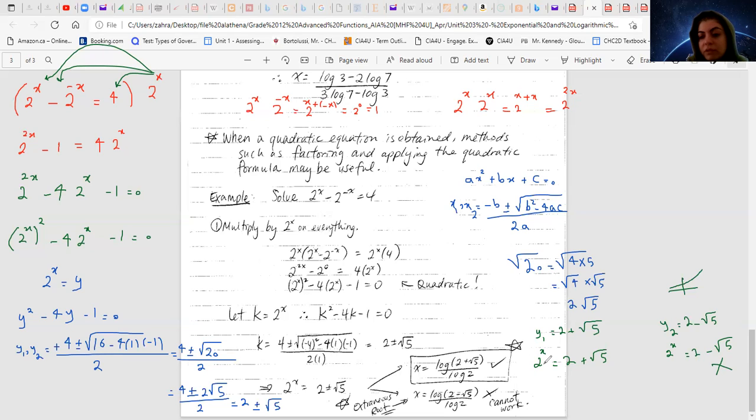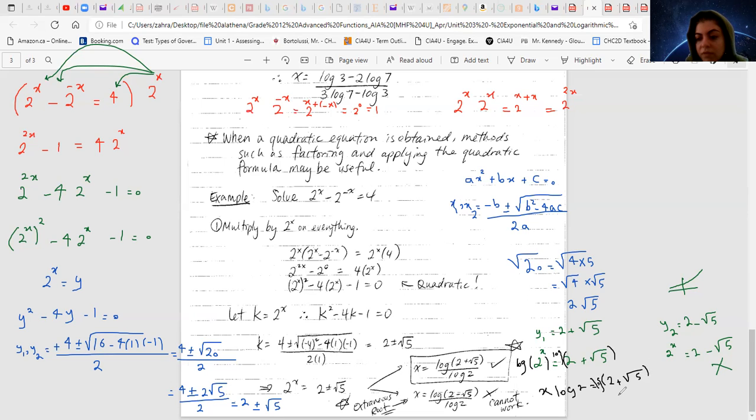How? You just put the log in front of both sides. Here I put log in front of that, and I put the log in front of the other side. I put that in brackets. I can bring the power in front. It's going to be x log 2 equal to log of 2 plus the square root of 5.